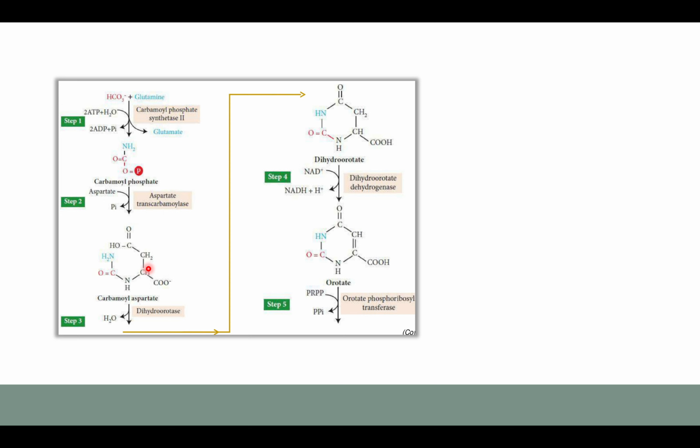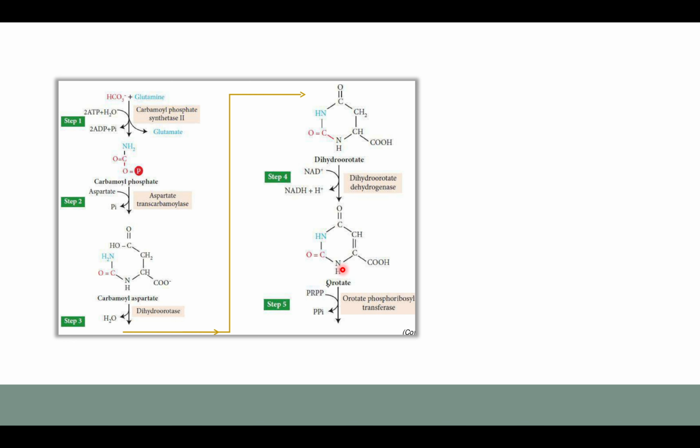This condensation that takes place in this step, this carbamoyl aspartate gets converted to dihydroorotate, wherein the ring closure takes place in the presence of enzyme dihydroorotase. This dihydroorotate is acted on by enzyme dihydroorotate dehydrogenase, which is a mitochondrial enzyme, leading to formation of orotate.